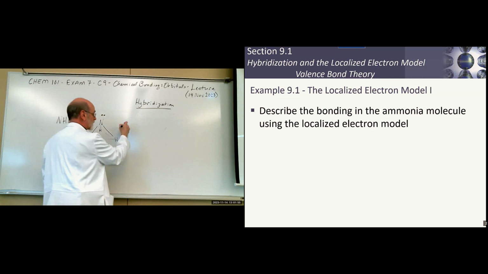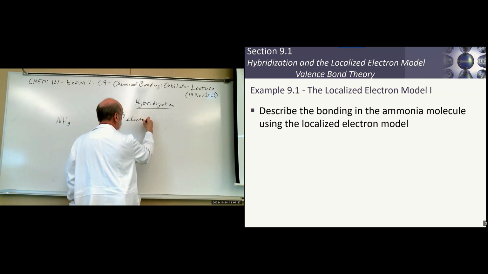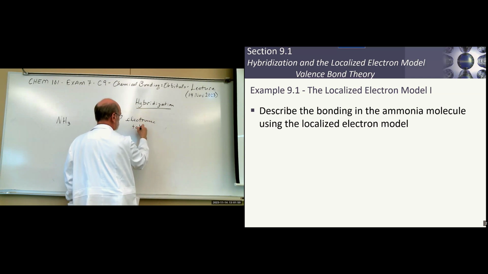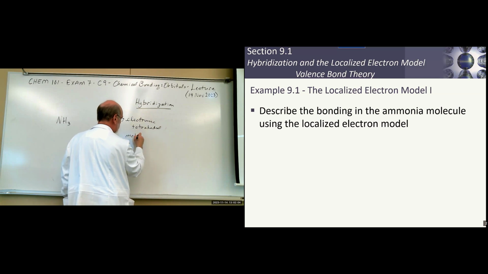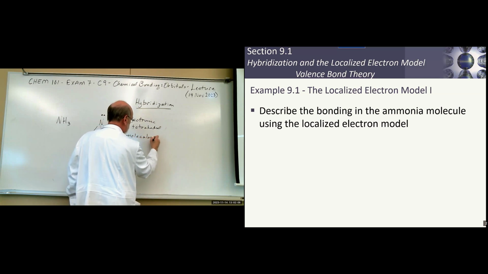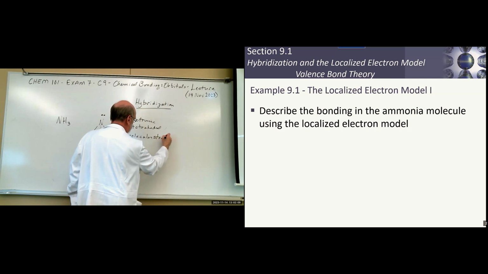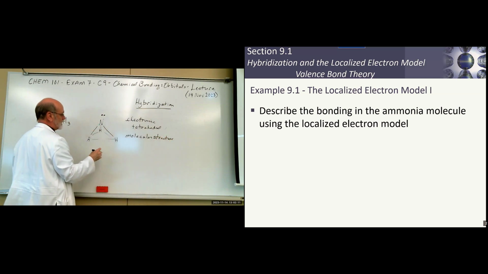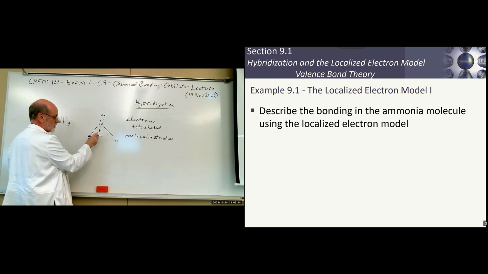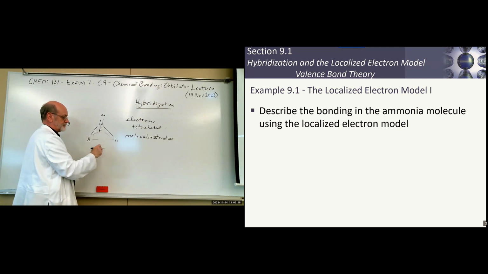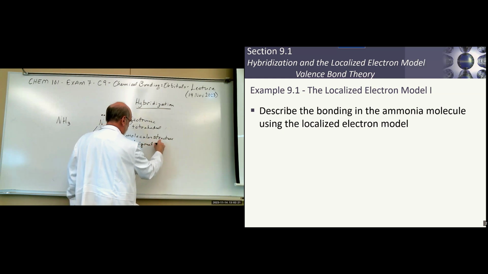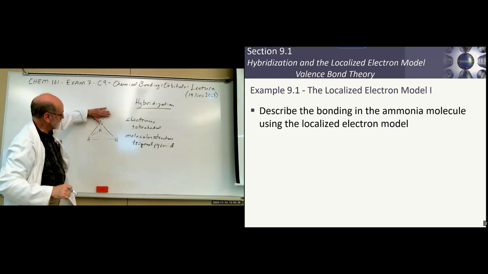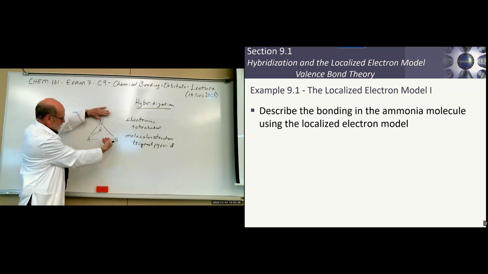So the electronic structure is tetrahedral. The molecular structure, though, is different. It is a trigonal pyramid. All we have to do is cover that up, and now we get this triangular based pyramid.